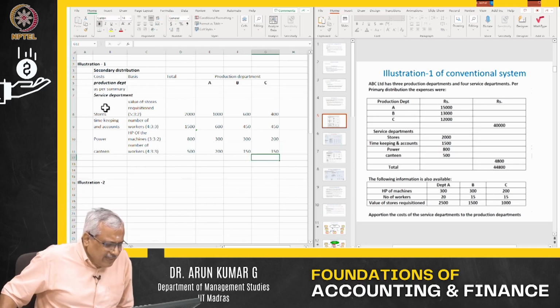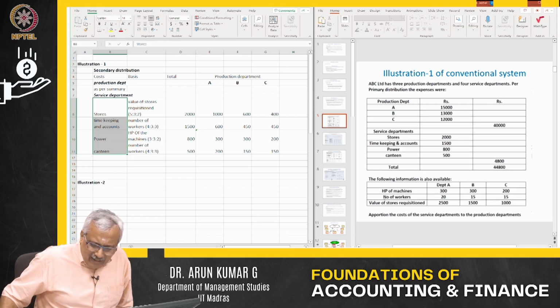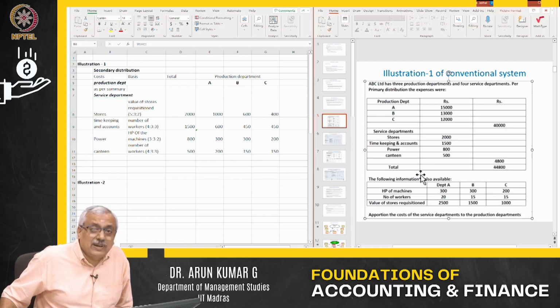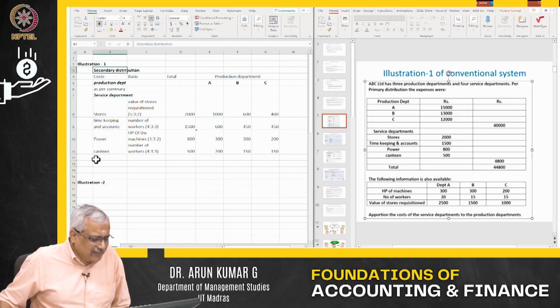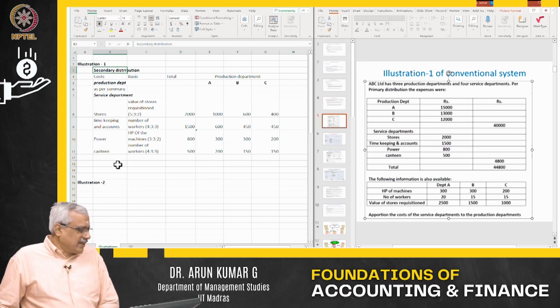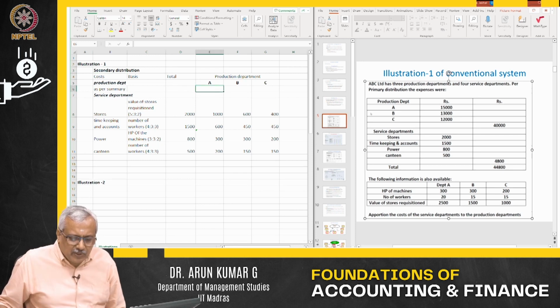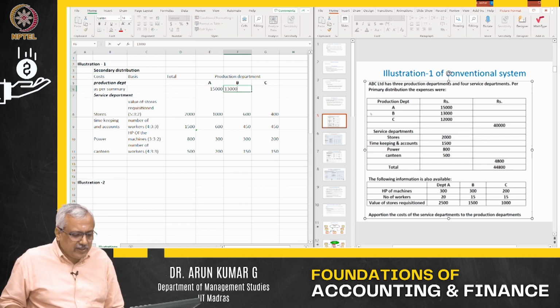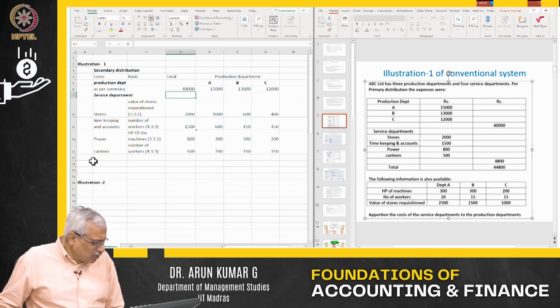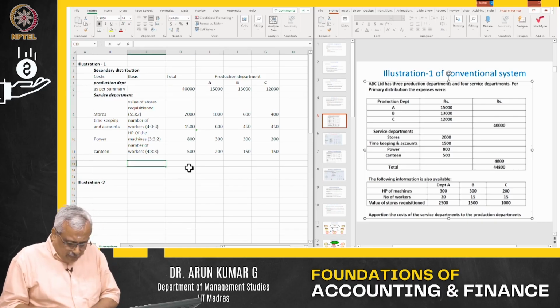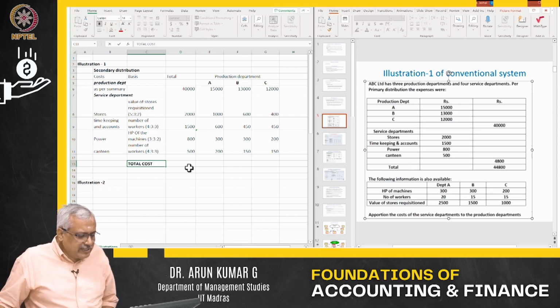So what happened? All these are service departments. I allocated them on one of the bases given in the problem sheet. I directly allocated it, and that is what we call a secondary distribution. Now in the production department, as per summary, what is the production department cost? For A it is about 15,000, for B it is about 13,000, and for C it is 12,000. So the total for the production department was about 40,000. What is the total cost of each production department?